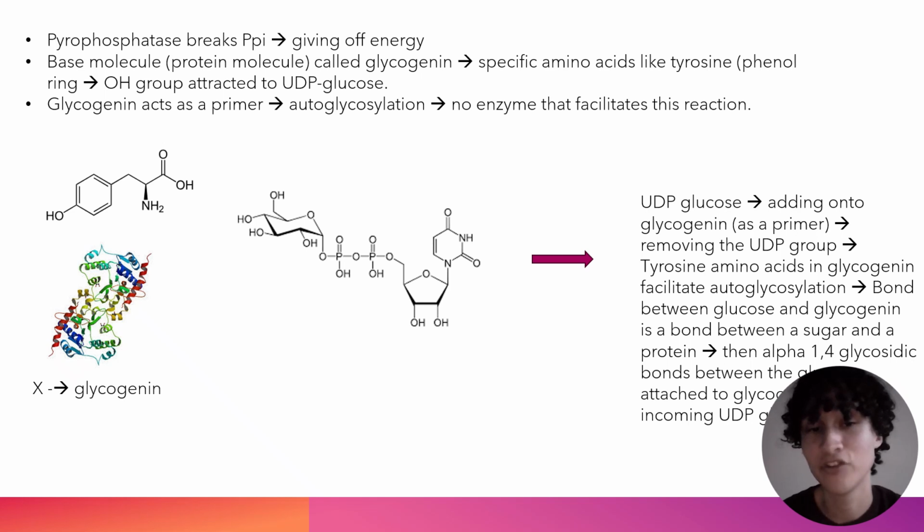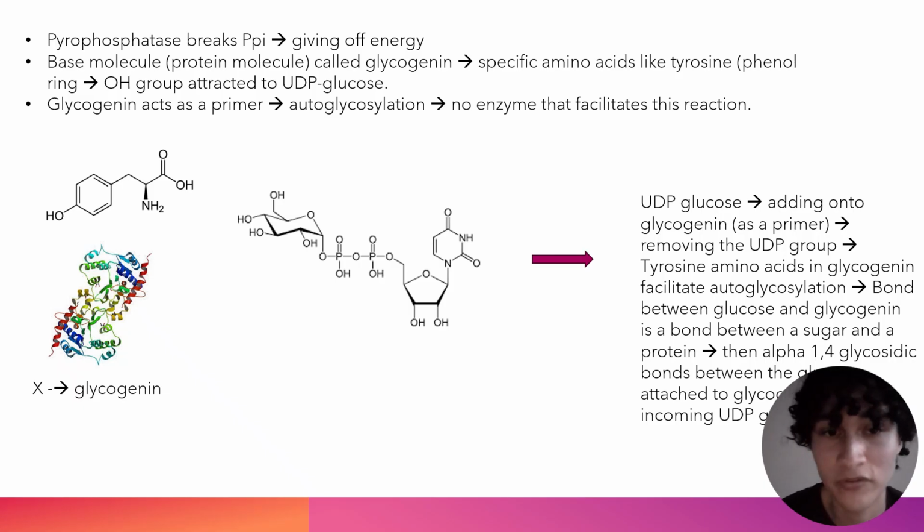It's the same with glycogen. You need a primer first, and glycogenin acts as a pre-primer, if you like. It allows for autoglucosylation, and it allows for UDP glucose to bind to this glycogenin, giving off its UDP, forming short residues of alpha 1 to 4 glycosidic bonds, oligomer chains of short glucoses with alpha 1 to 4 glycosidic bonds.